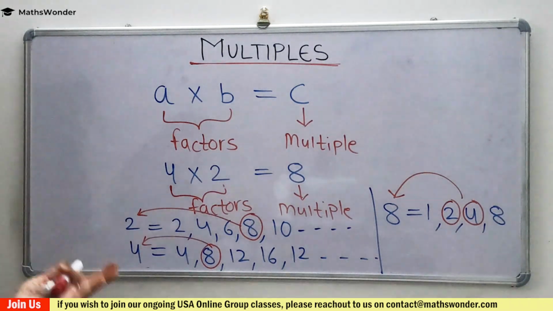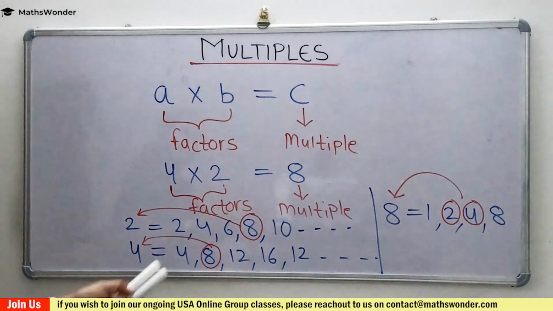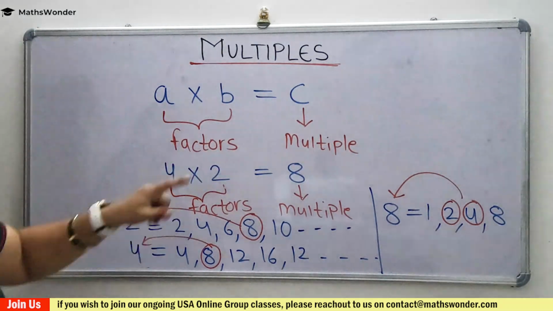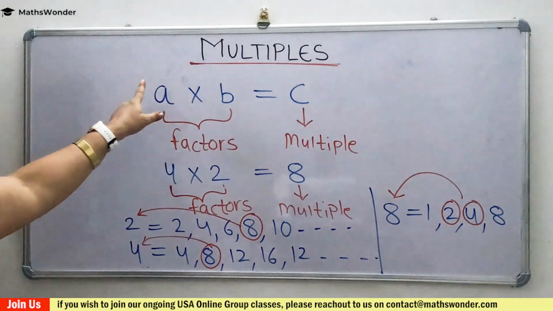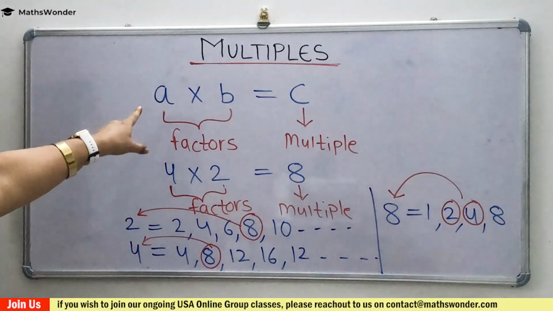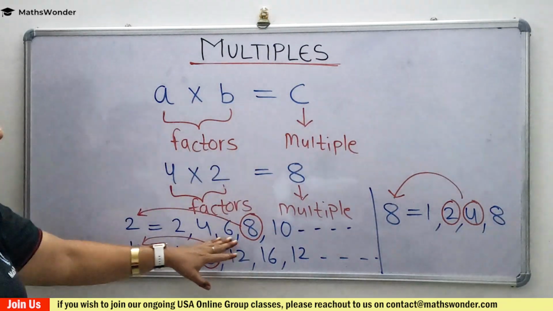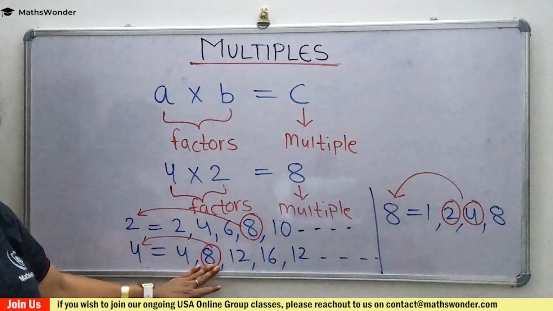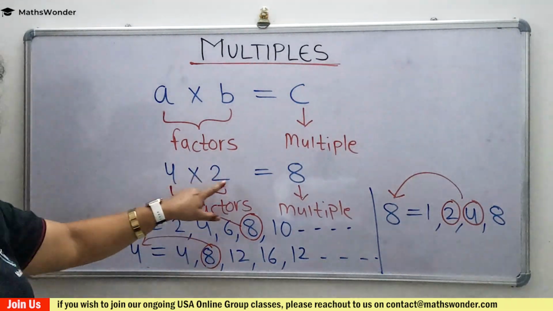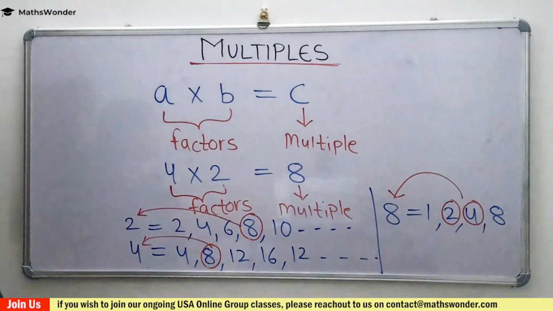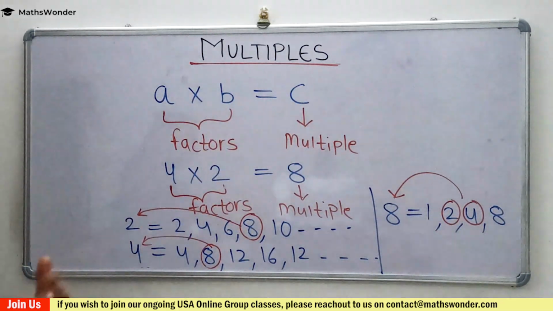Whenever two or more numbers are multiplied, the product is called the multiple of each of the numbers being multiplied. So 8 is the multiple of each of the numbers, and if you find the factors of 8, you get 2 and 4.